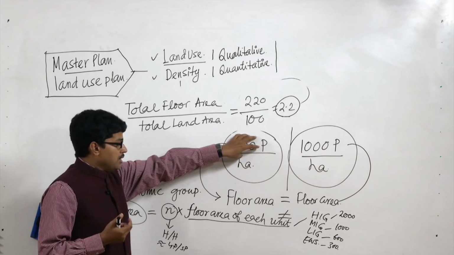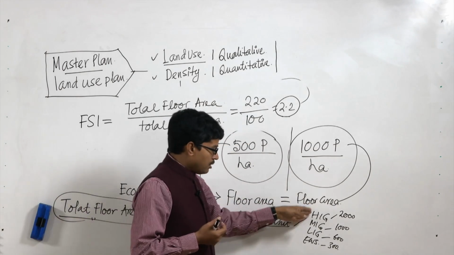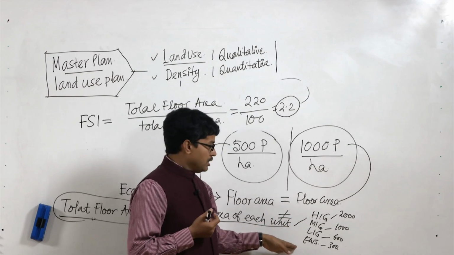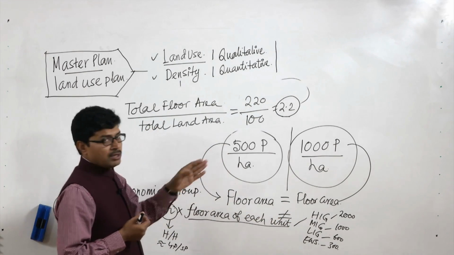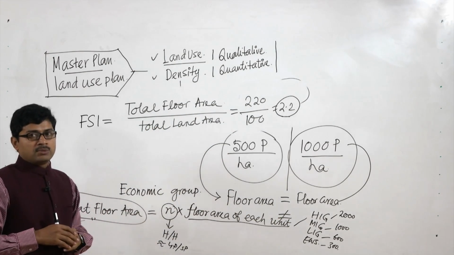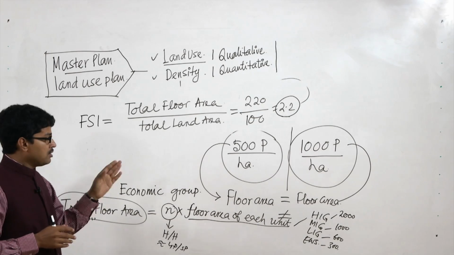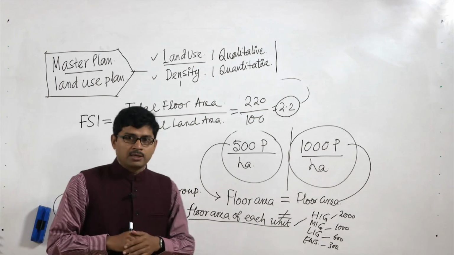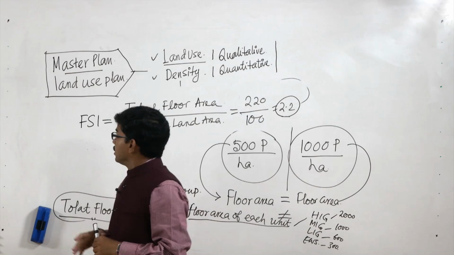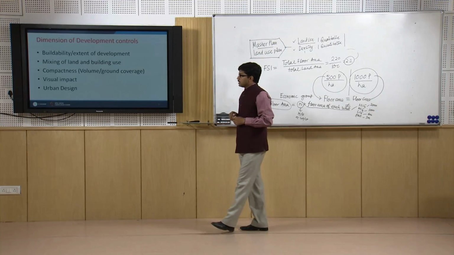So unless we go to the detailed level of the economic group and the type of housing, we cannot come to the exact density which can be achieved. So that is the very important part to understand, how buildability and density are related.